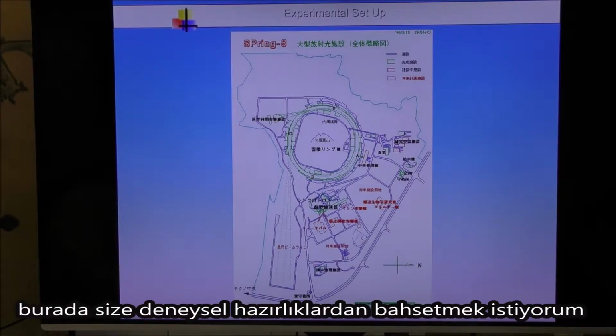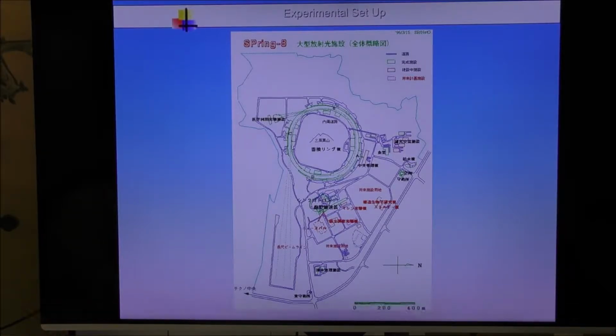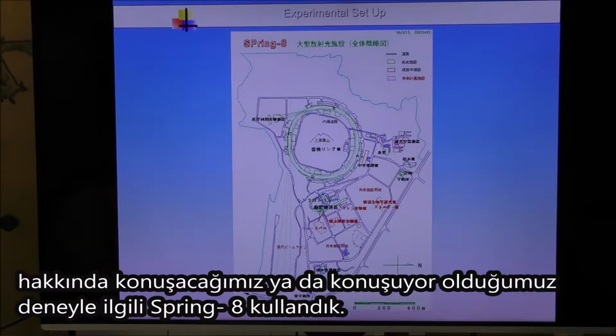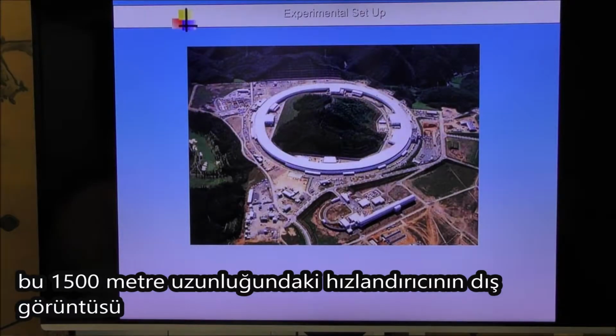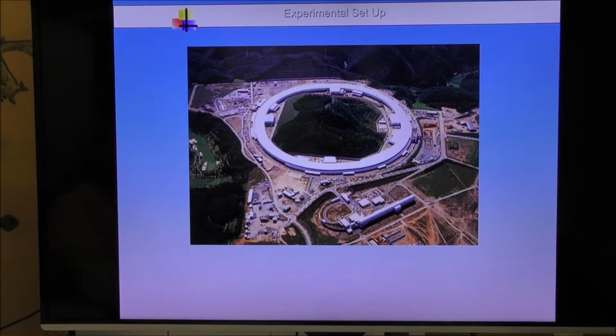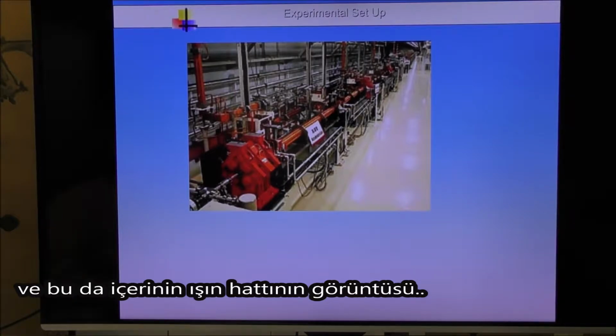Here I would like to talk about the experimental setup. For these experiments that I'm going to talk about, we use SPring-8. This is an accelerator, this is the image of the accelerator, which is about 1,500 meters in circumference, and this is the inside view of the beam lines.